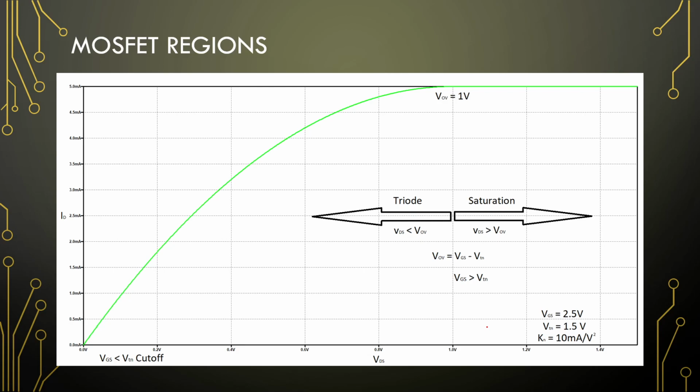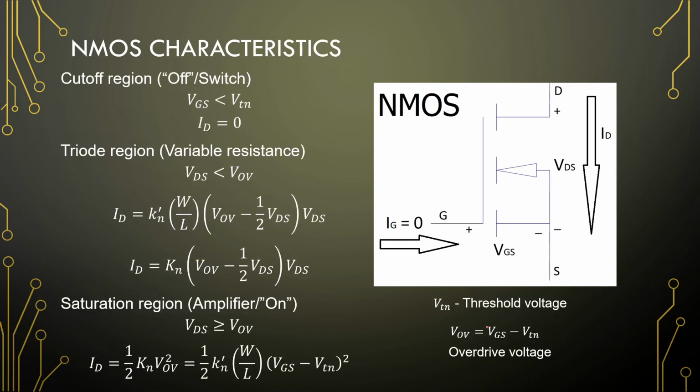Right, so first let's go over to the NMOS characteristics. Your NMOS will have three regions: the cutoff region, the triode region, and the saturation region. Okay, so saturation and cutoff is where you will use it as a switch, or the saturation is also where you will be using it as an amplifier.